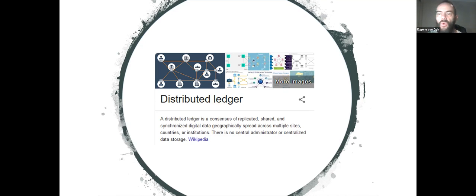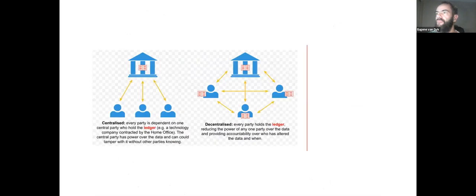It is stored geographically dispersed. In other words, the network cannot go down, because if one of the nodes or databases is destroyed, tampered with or hacked, the rest of the network will still hold on to the true picture that everybody has agreed upon and that everybody can see.